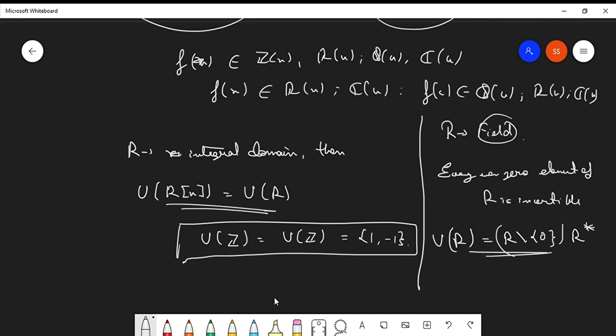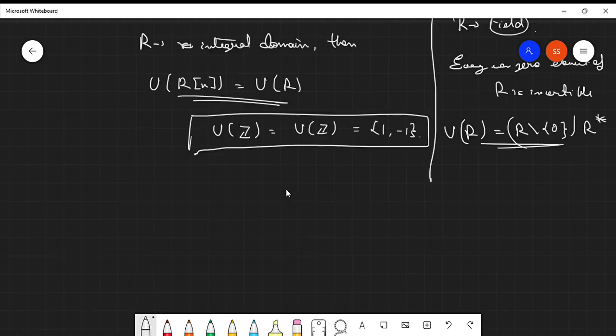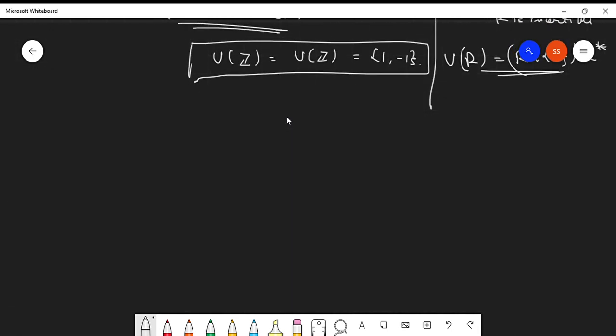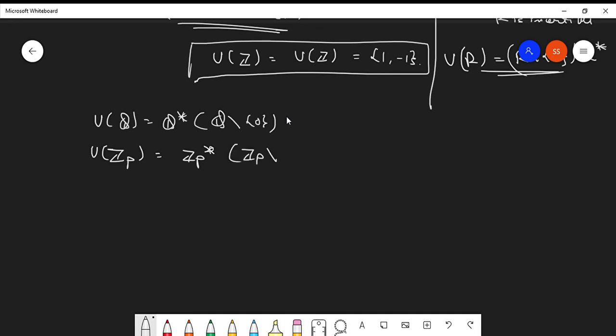For example, the units of the rationals will be Q star, that is Q minus 0. If you have integers modulo p, with p prime, this will also give you Zp star, eliminating 0 from it.